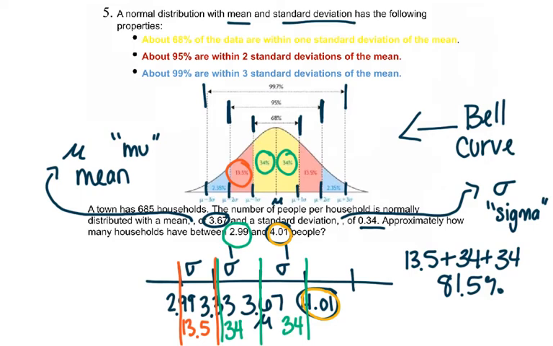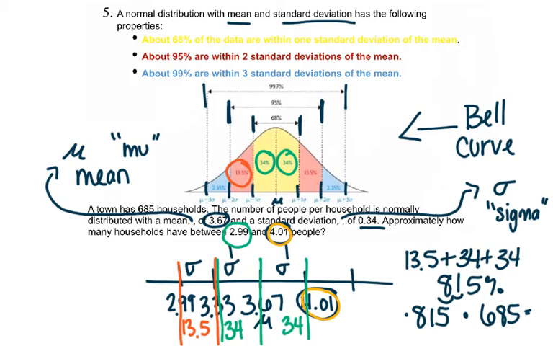If you'll remember back in middle school or in elementary school, anytime we want to change a percentage to a decimal, you move the decimal place twice to the left. Anytime you say the word of in math, it means multiplication. So 81.5% of 685 just means change it to a decimal and multiply.